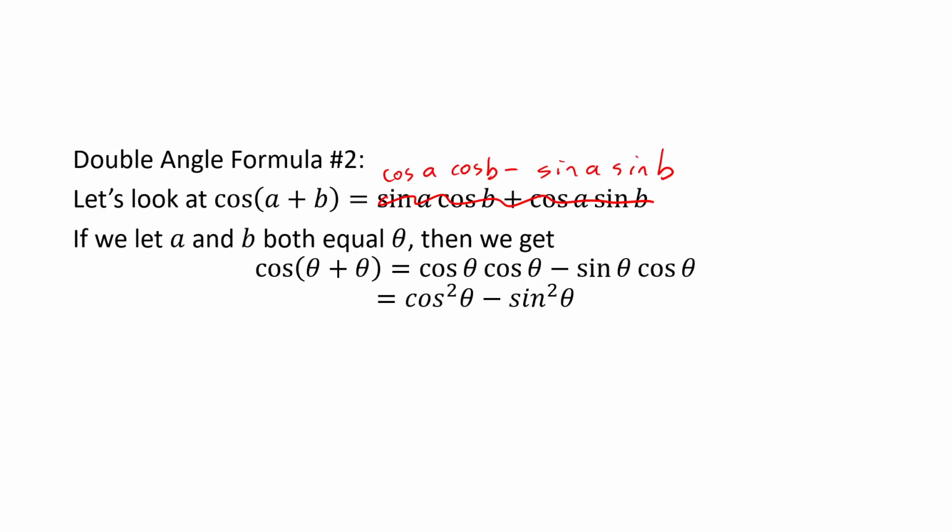Well, if both A and B are theta, then we can say the cos of theta plus theta is cos theta cos theta minus sine theta sine theta. And sorry for the typos here, but this would become cos squared theta minus sine squared theta. So we literally have a double angle formula for the cos of 2 theta, and we can say that cos of 2 theta equals cos squared theta minus sine squared theta.